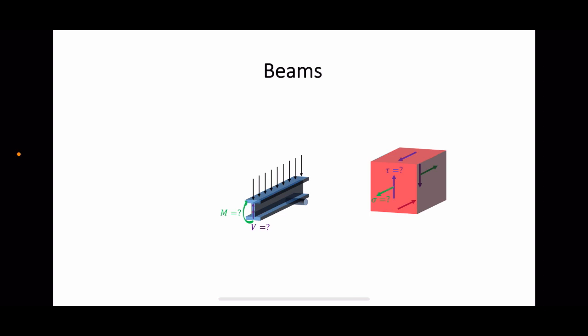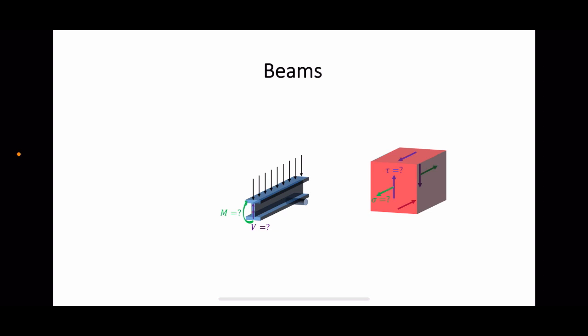Since we want to determine the stress for all locations within the beam, we need to find the internal shear force and bending moment for all such cross sections. That said, the best way to visualize the result will be to use the so-called shear and moment diagrams, the topic of these lectures.